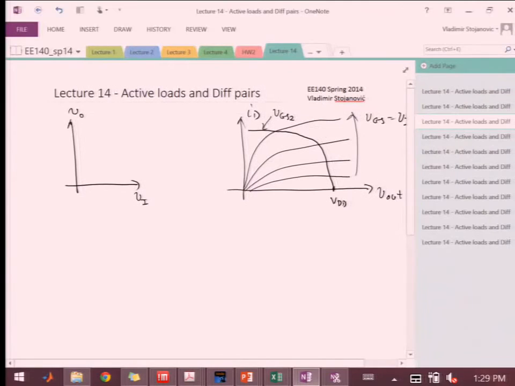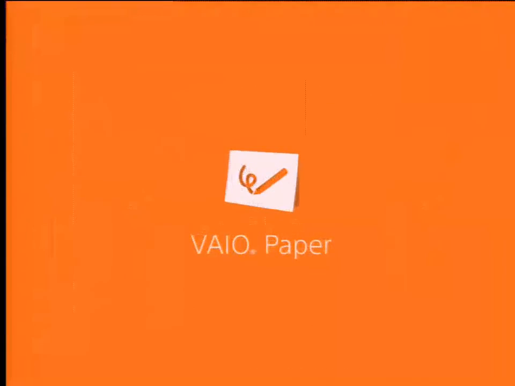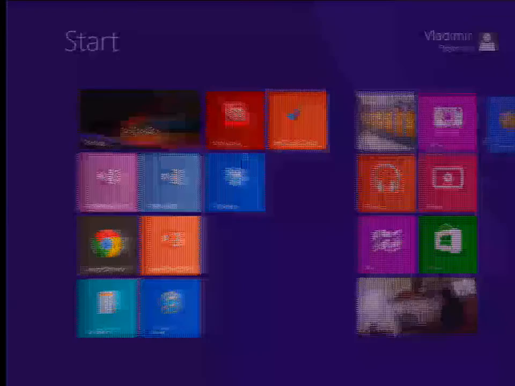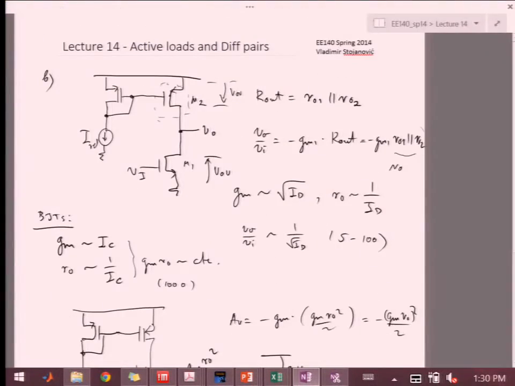So this one over here will be our VGS2. So for example, in the previous simple mirror, if I have a certain current here, IREF, if I have IREF here, then that current will set this VGS.